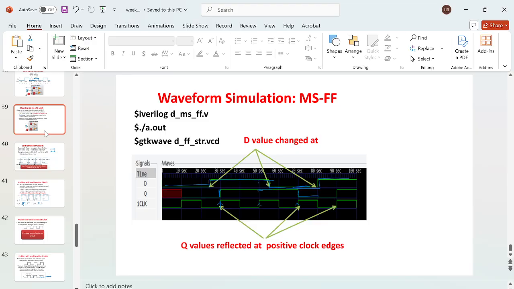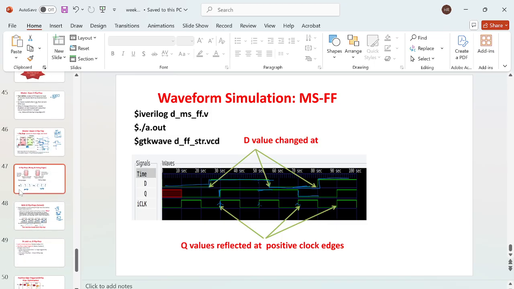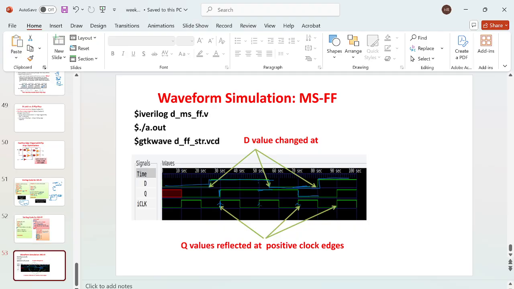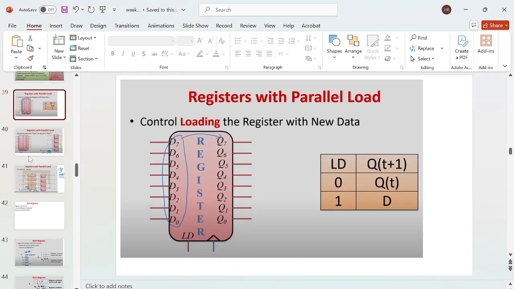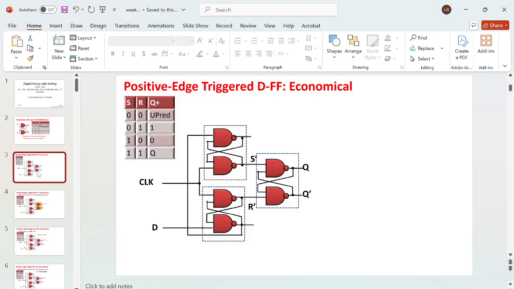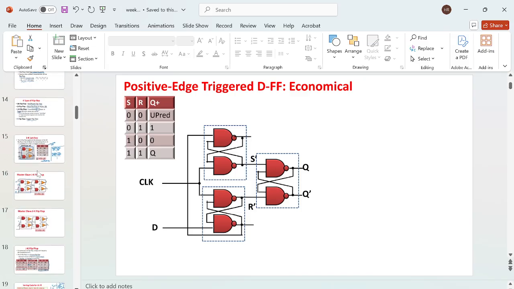Last problem, 1x in JK. Can you explain again? Okay, yeah, one second.